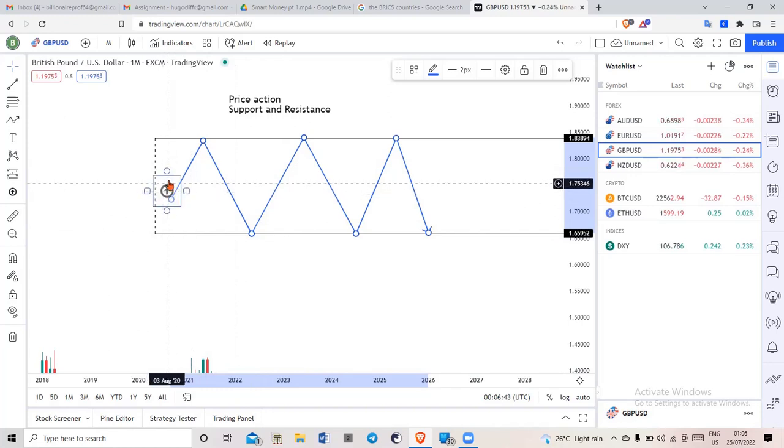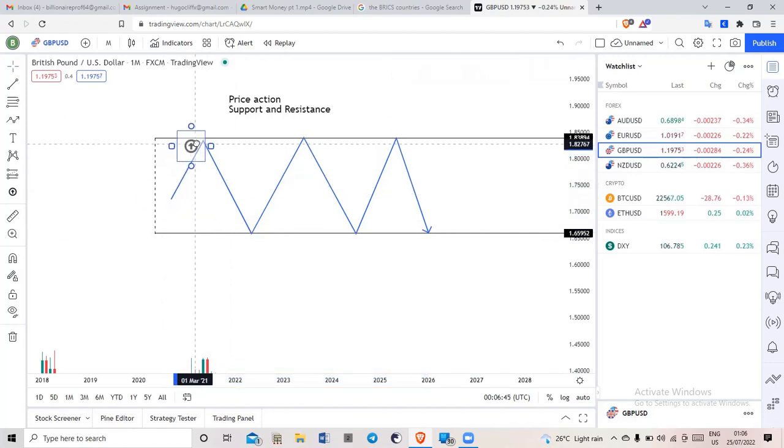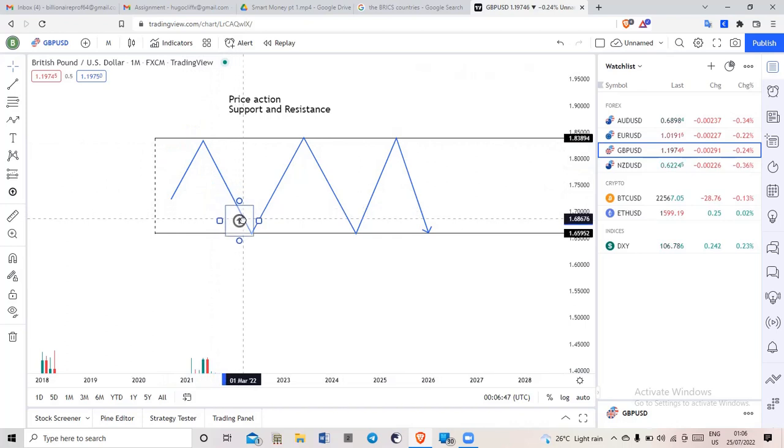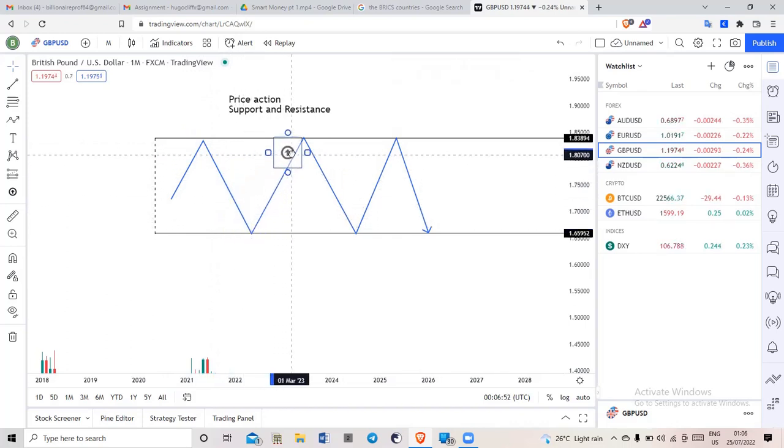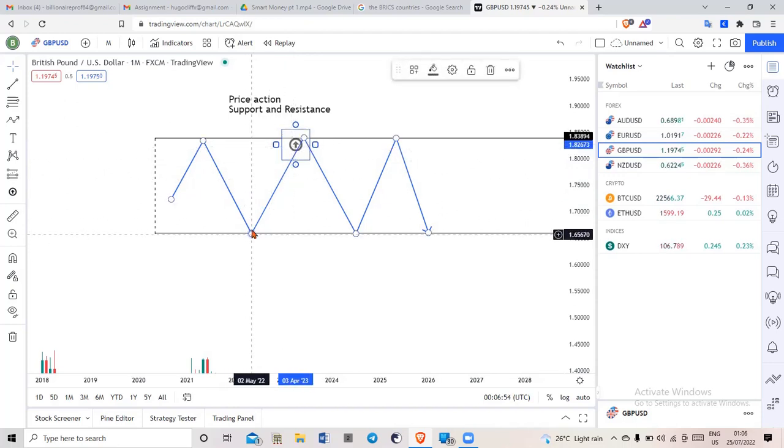So just imagine this guy moving to this point, coming down, bouncing off this place, and then moving up. As long as it bounces off this place, it becomes a support area.